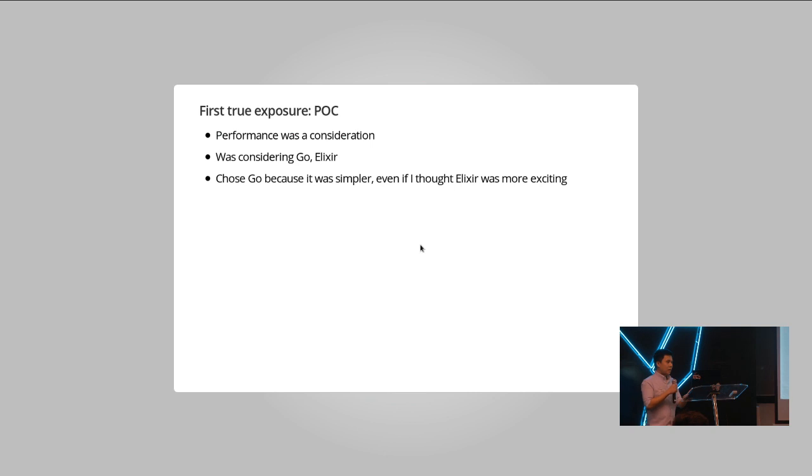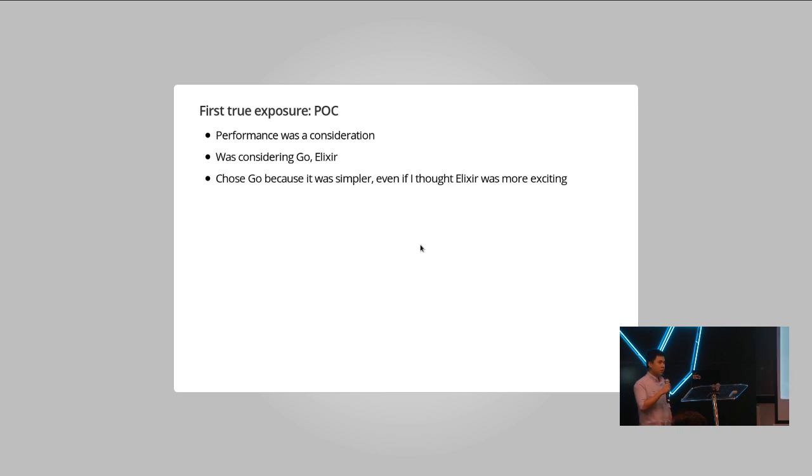It was in my first job that I had exposure to Go. They wanted to introduce a new service, and they wanted to do it in JavaScript. Performance was a consideration, so we didn't want to keep it within Ruby. I did not want to use JavaScript, so I looked for alternatives, and I was considering Go and Elixir. Like I said, my exposure to Go was negative memes, so I wasn't really looking forward to it.